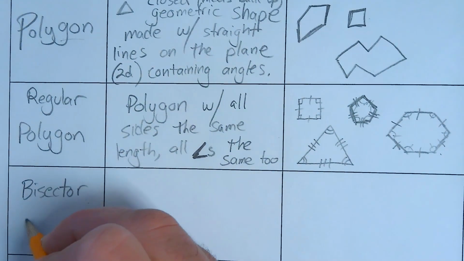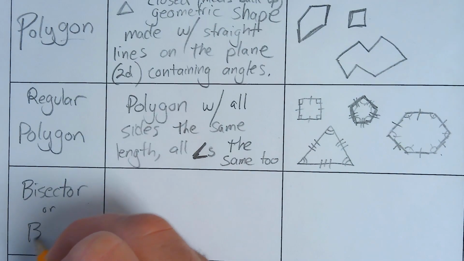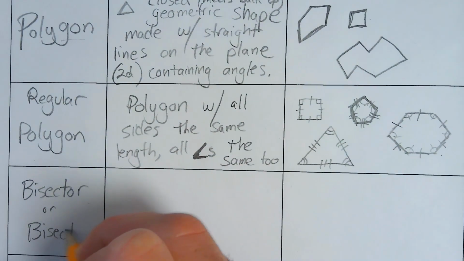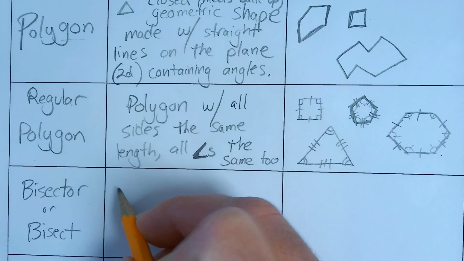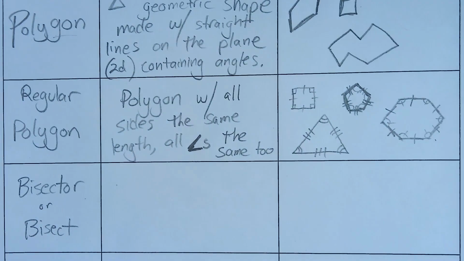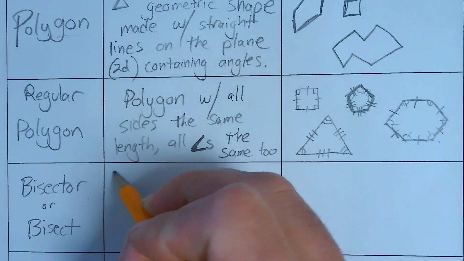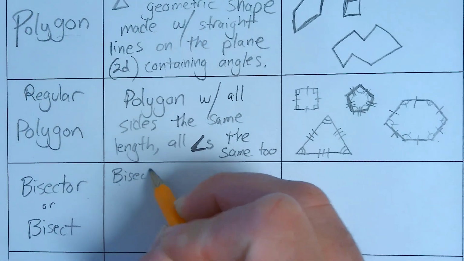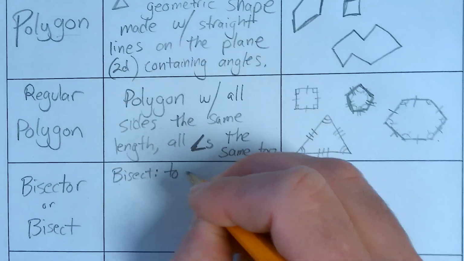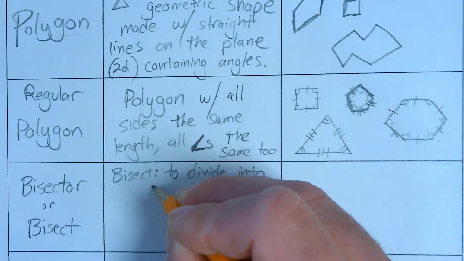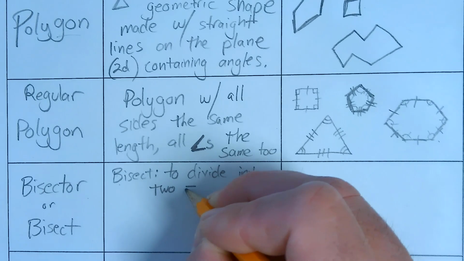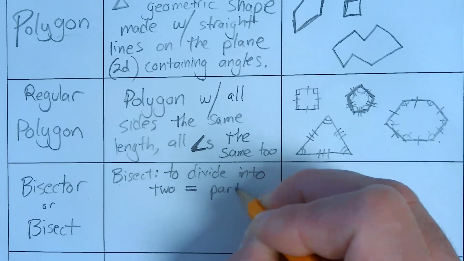Okay, turning now to the concept of bisector, or bisect. Bisect is the verb. To divide into 2 equal parts.